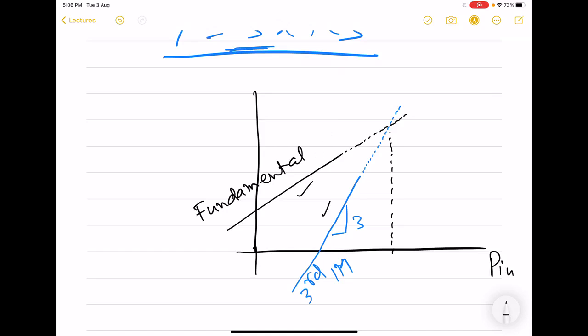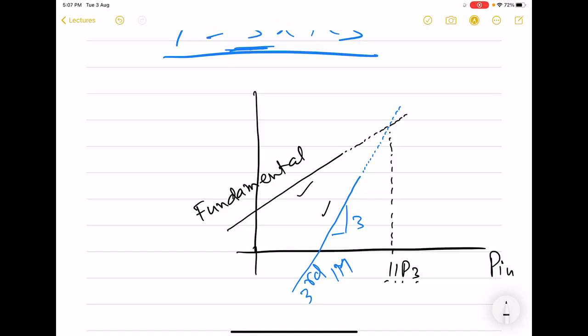So that input for which they will supposedly intersect each other is called IIP3, input third intercept point. So this is another parameter which is used to characterize an amplifier.